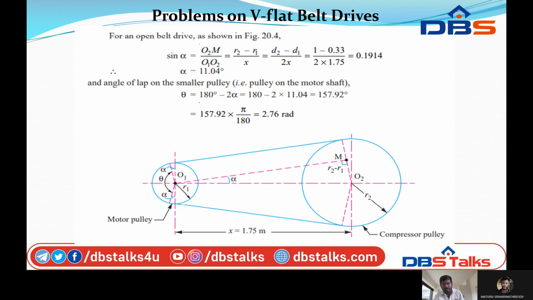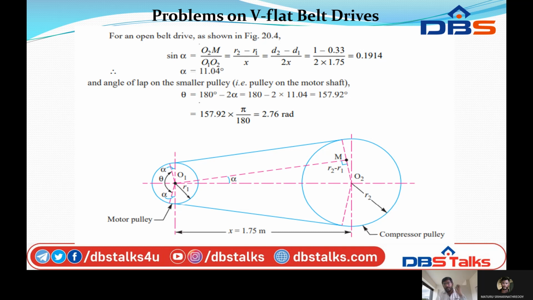This is the point M, and the distance is O1 O2. Therefore sin alpha is equal to O2M by O1O2, so the distance O2M is R2 minus R1, by O1O2 which is x.